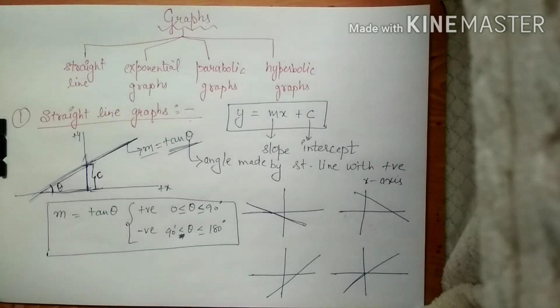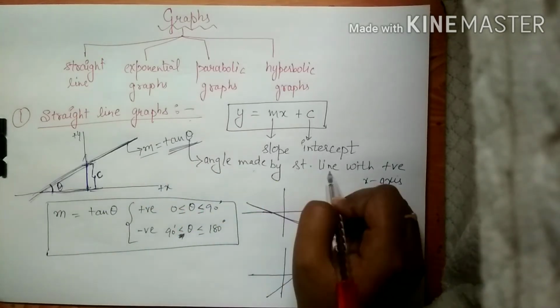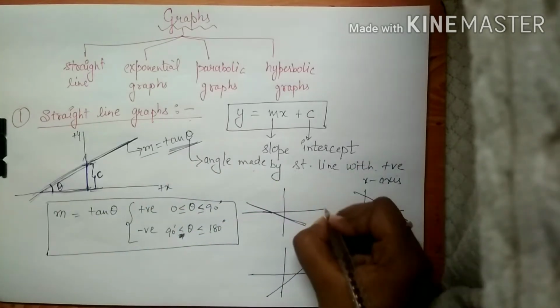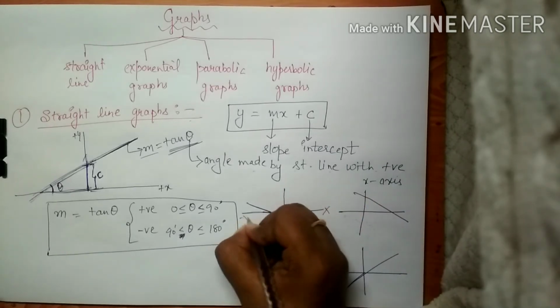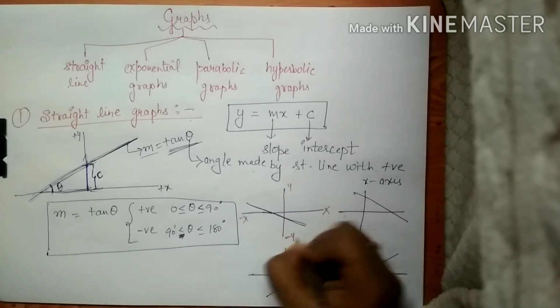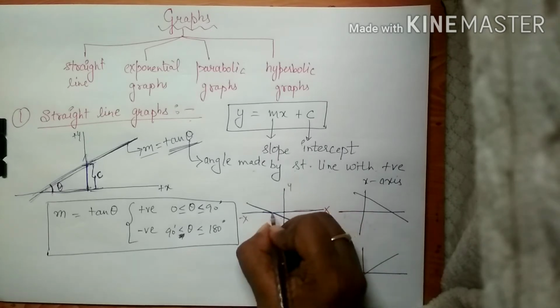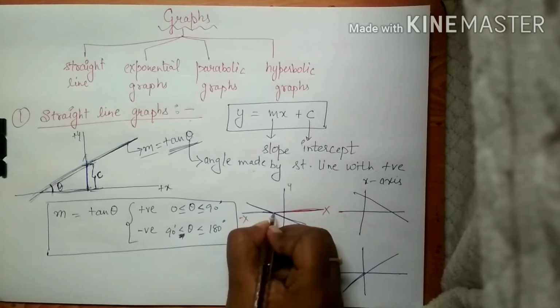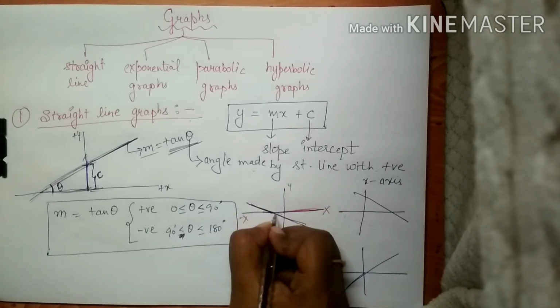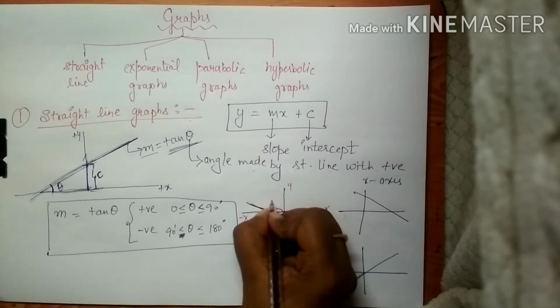So in these four cases I want to locate theta. I have told you theta is the angle made by straight line with positive x-axis. So this is your x, y, minus y. Take your positive x-axis, and the angle made by this line with this positive x-axis is your theta.